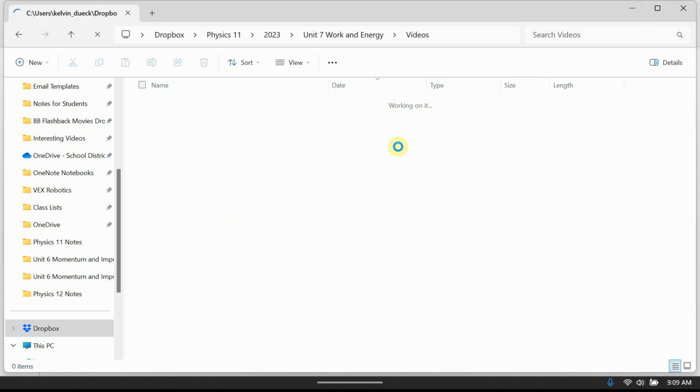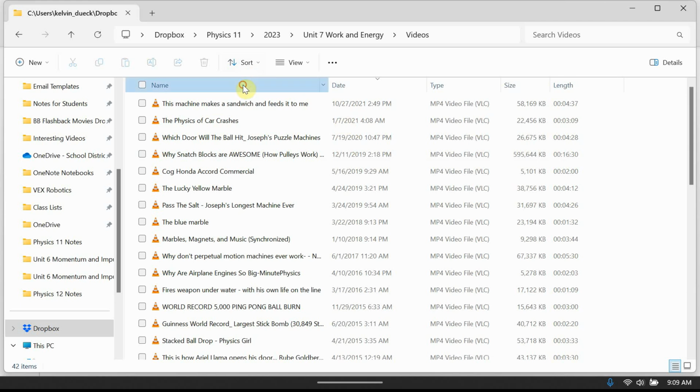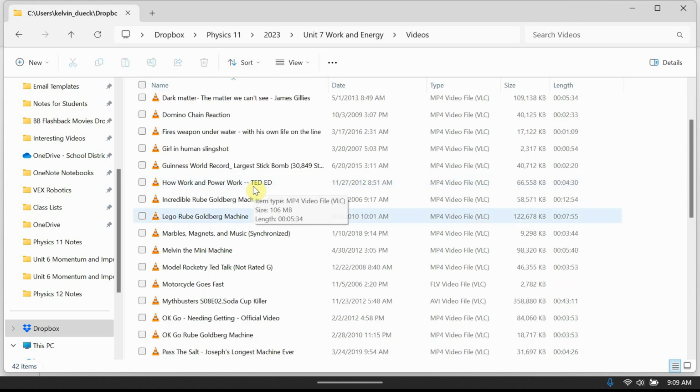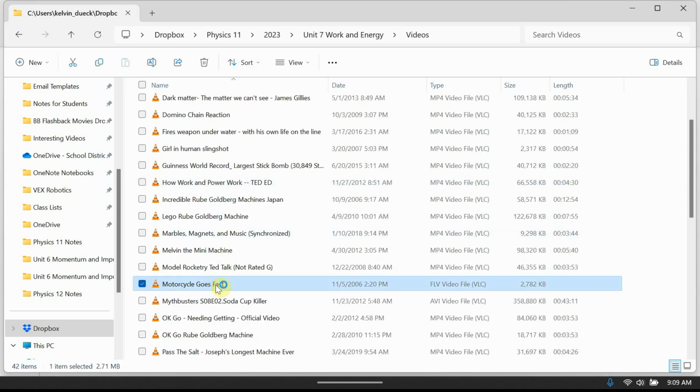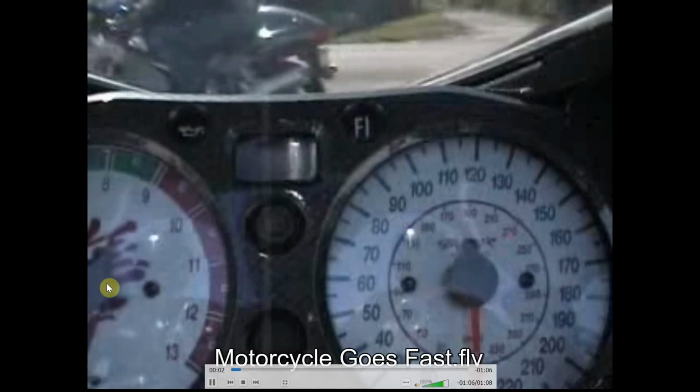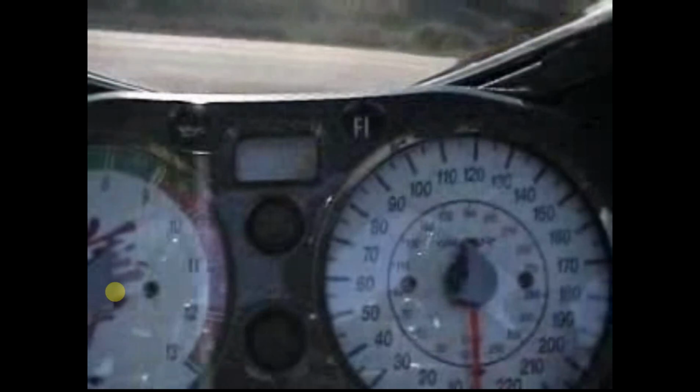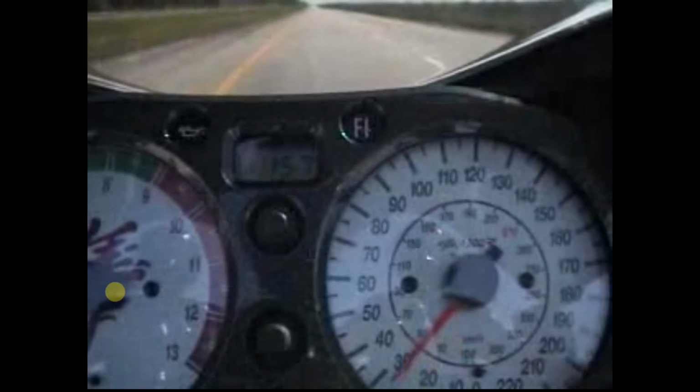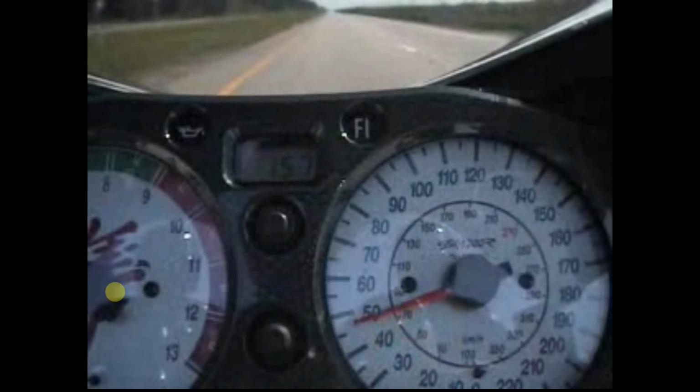I like that I can see the speedometer. Why are we looking at the sky right now?